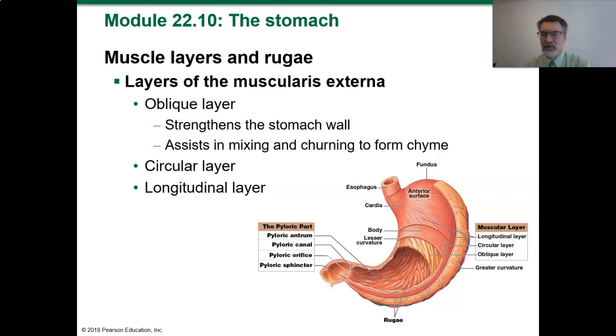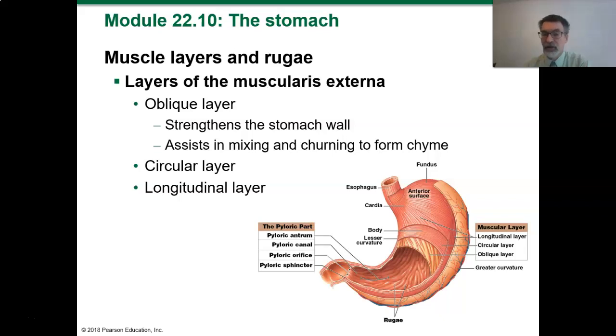So we have that longitudinal layer running the direction of the stomach contents, the circular layer that's a band going around the stomach, and then we have a muscle that goes at a 45-degree angle, sort of in between the two directions of the longitudinal and the circular muscle.